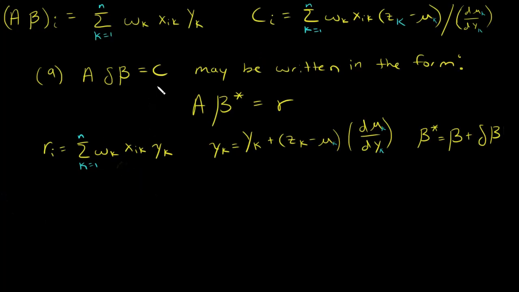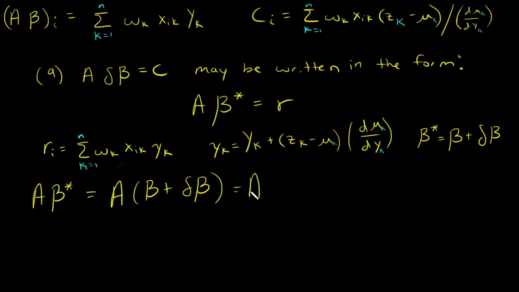All right. So now let's start with A times beta star, and then we'll show that equals R. Let's plug in by definition what beta star is. That's going to be beta plus delta beta, the change in beta, which is A times beta plus A times delta beta.